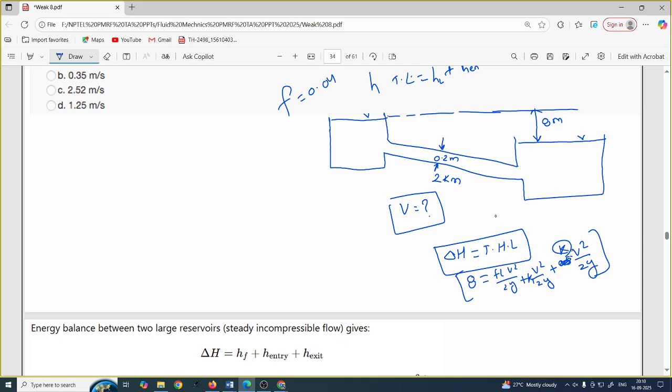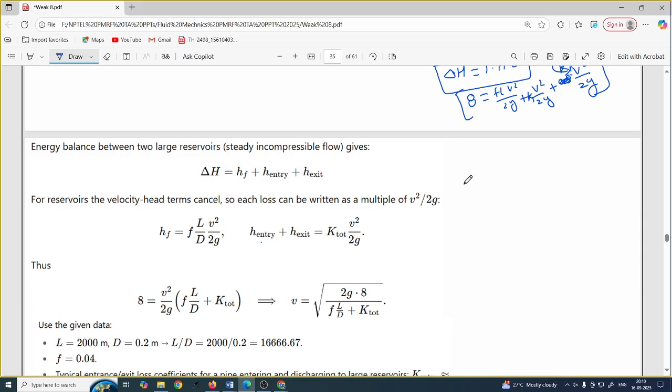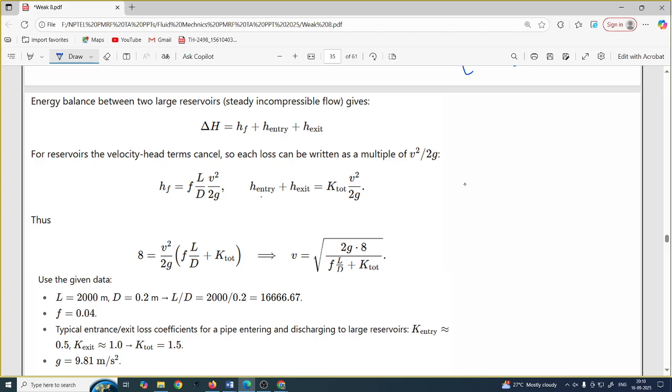So this is the proper way of solving. For head loss, we have V square by 2g for the entry with some constant C1 and for exit V square by 2g with another constant C2.